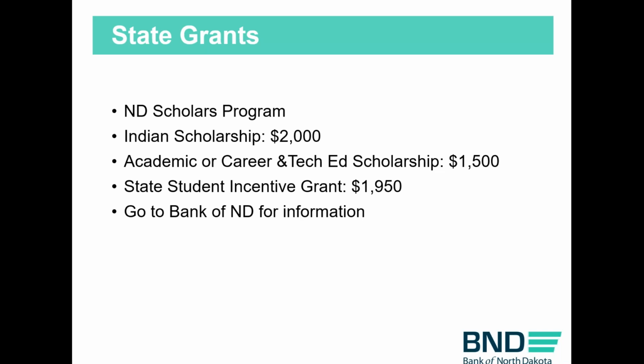Students could get up to $1,950 for that grant. So you can go to BND's website for more information, also the North Dakota University System website, or DPI. There's a lot of different places that you could get that information, but we're all here to help you and get that info to you. Your counselor is a good resource for that as well.